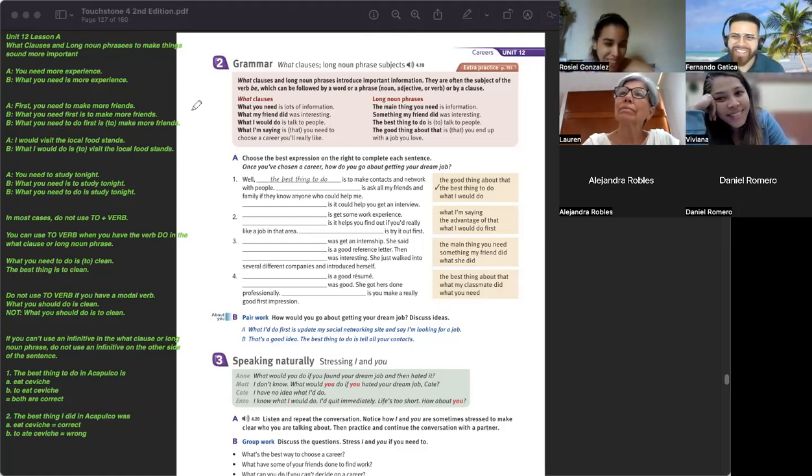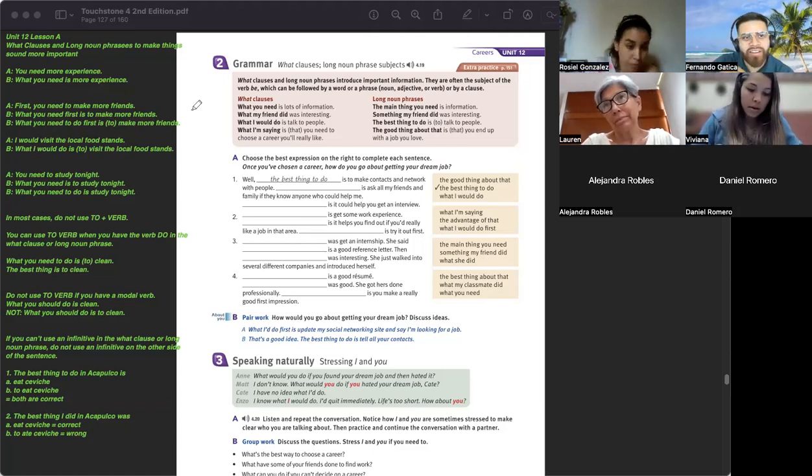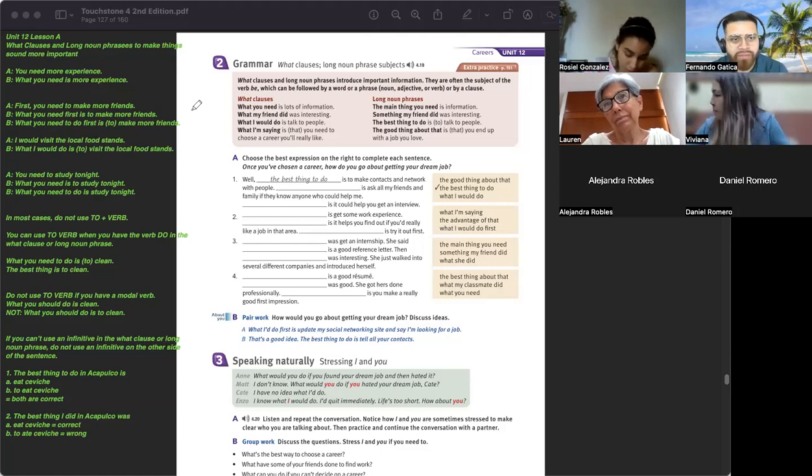It's different. Maybe that's why it's a little more complicated. But don't worry. If you understand that what clauses and long noun phrases make things sound more important, that's okay. That is enough, because that's what you need to know at this level.